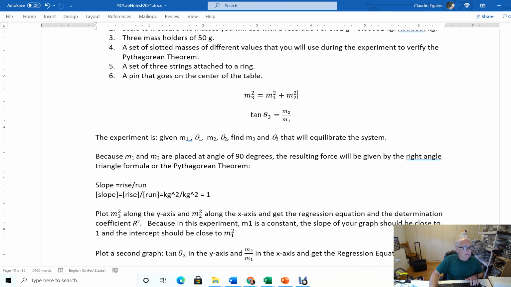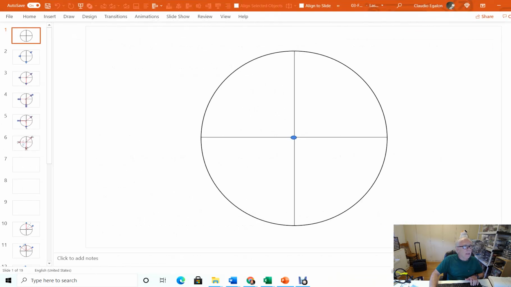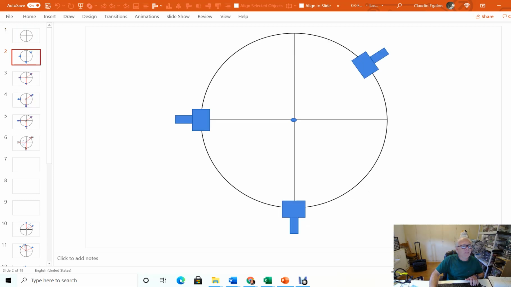Let's take a quick look at the setup again. Here is the table without the masses, without the forces being applied. What you're going to do here is place a pulley with a clamp.